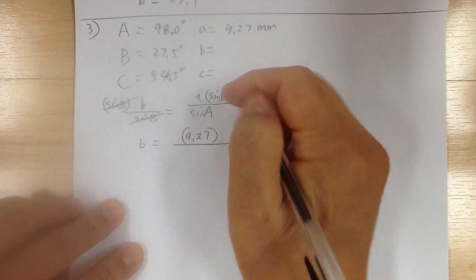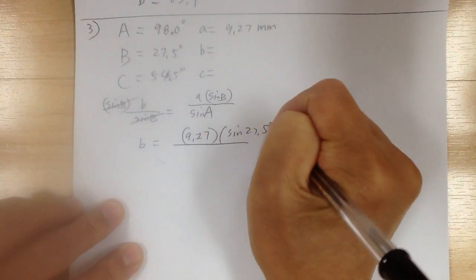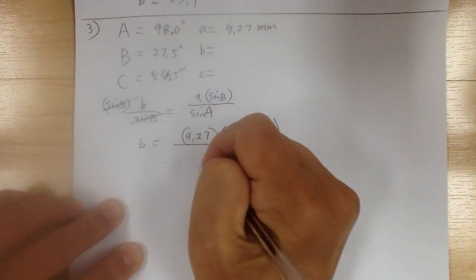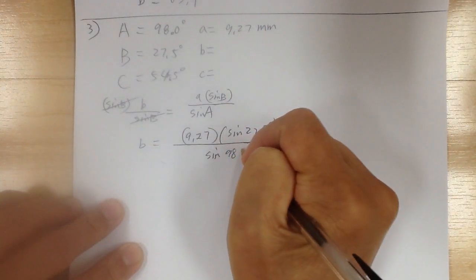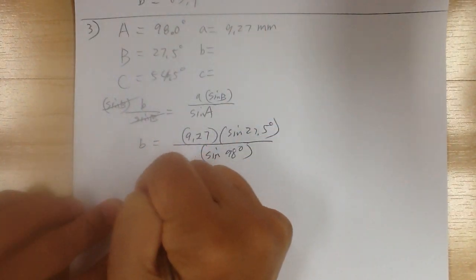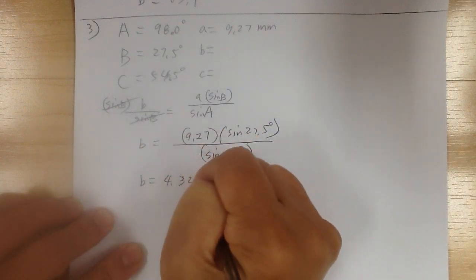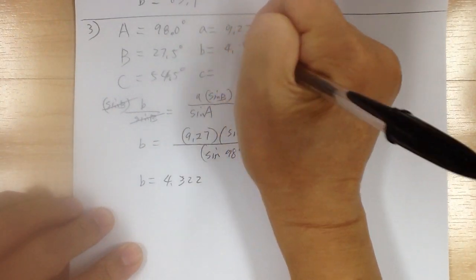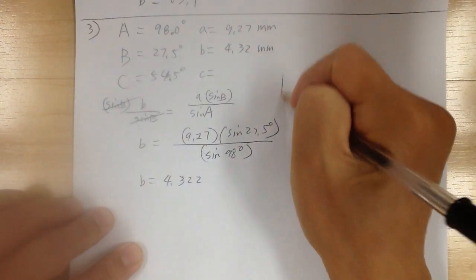So A is 9.27, sine of B is 27.5 degrees, over sine of 98 degrees. Make sure you put your calculator in degree mode. So you have to pay attention to that. You enter, you get 4.322. So when you come over here, you put down 4.32, following the same number of significant digits.